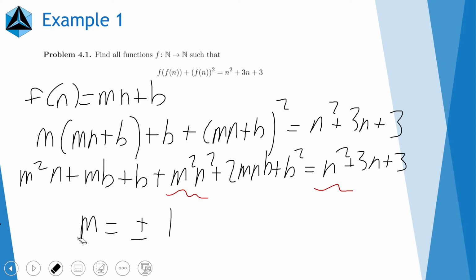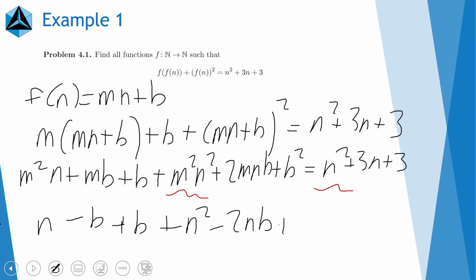If we plug in m equals -1 into here, we're going to get that this first term becomes just n, and then it becomes minus b plus n squared minus 2nb plus b squared is equal to n squared plus 3n plus 3. And then we see that we get some simplifications now.